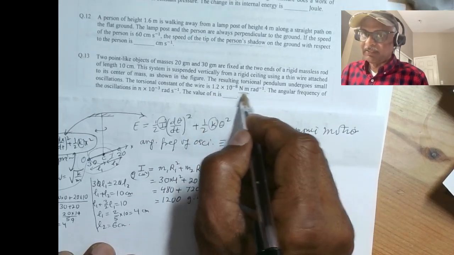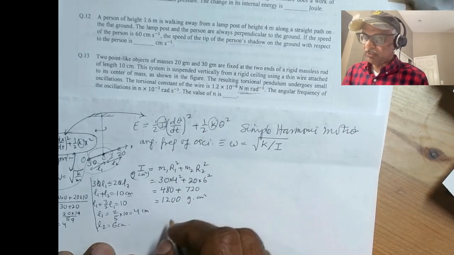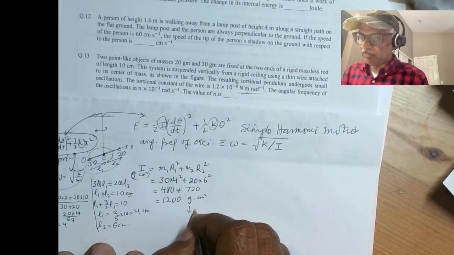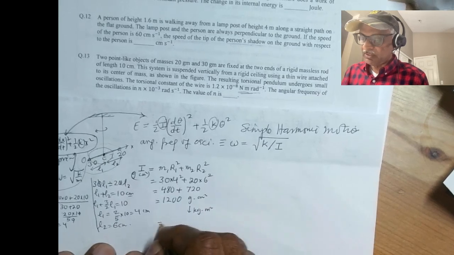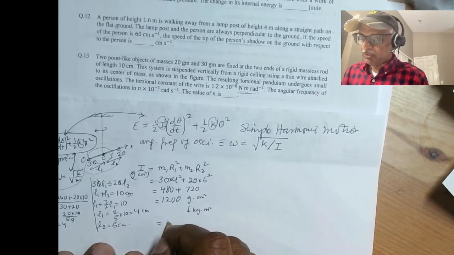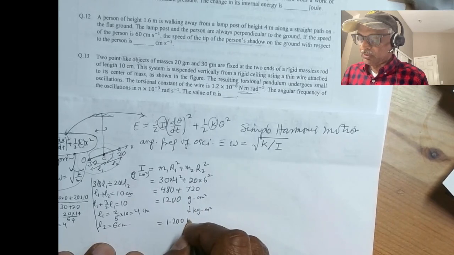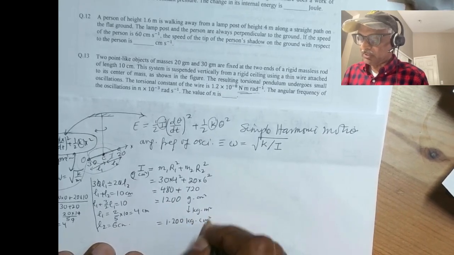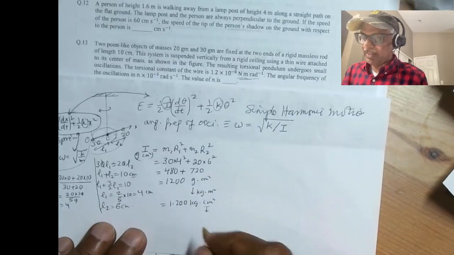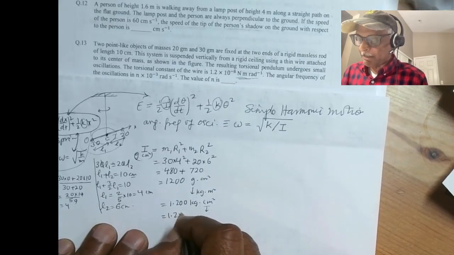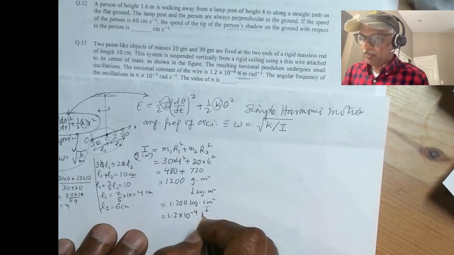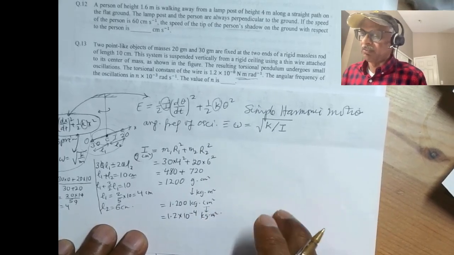K is given in newton meter per radian, so convert this into kilogram meter squared. So it is 1.200 kilogram centimeter squared. This one will add another 10 to the power minus 4, giving kilogram meter squared.